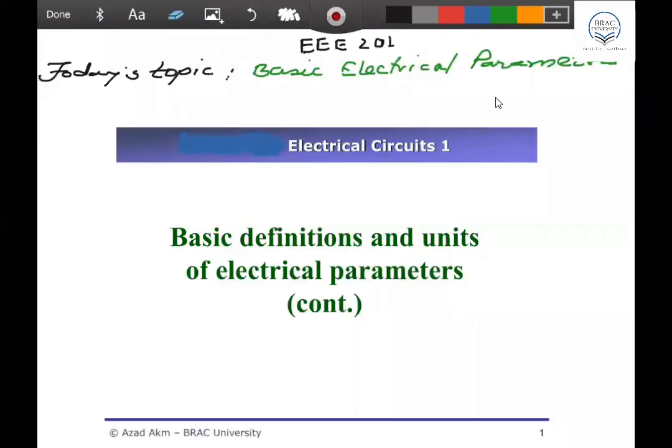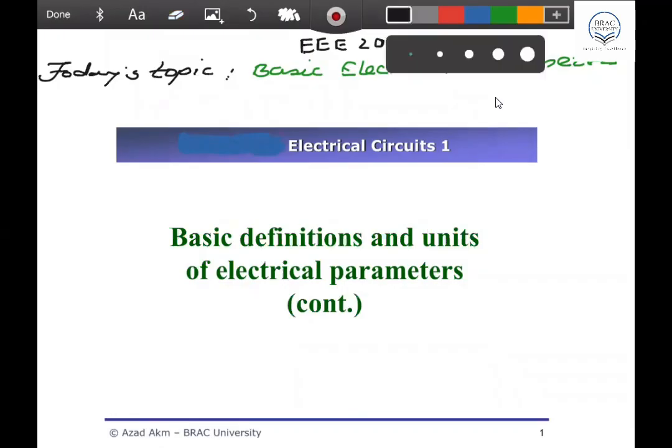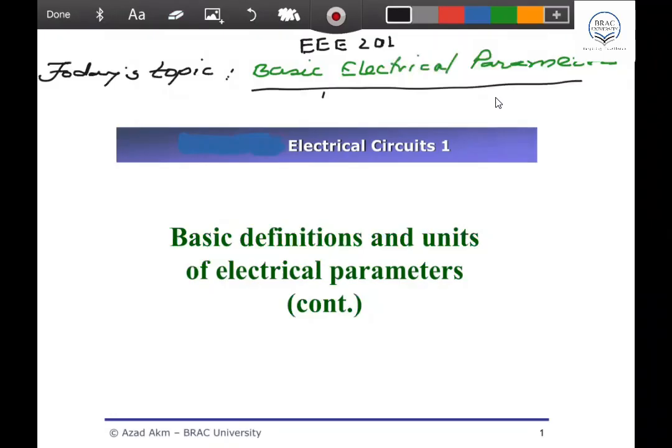Okay. Now, good morning, everybody, to the second lecture, EEE201. The topic I'm going to discuss today is basic electrical circuit parameters. Under this topic, we are going to see all the basic elements of an electrical system.